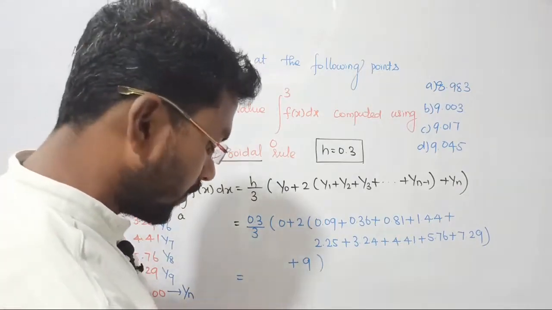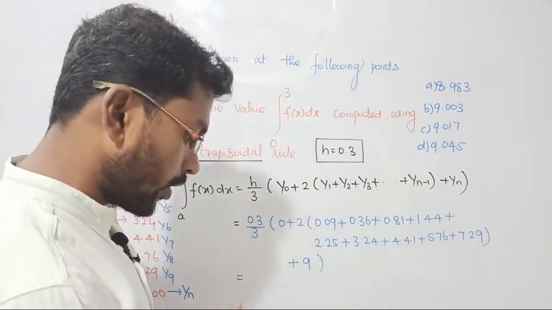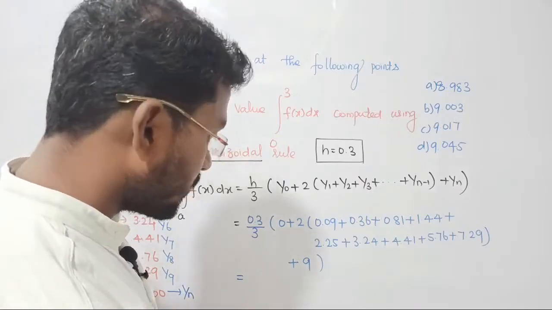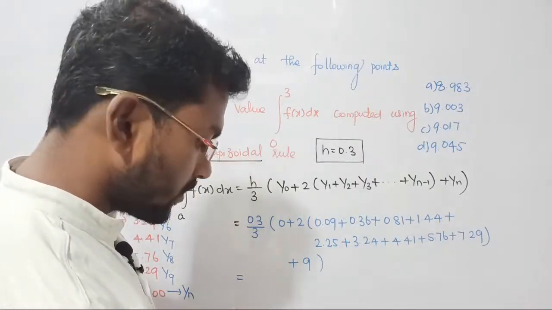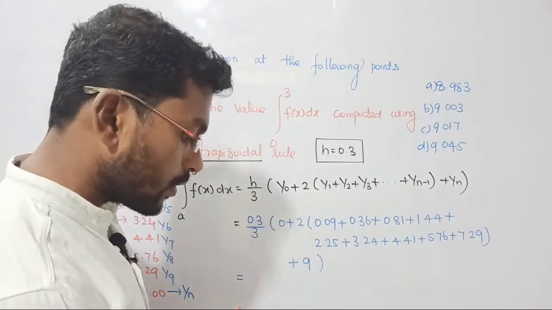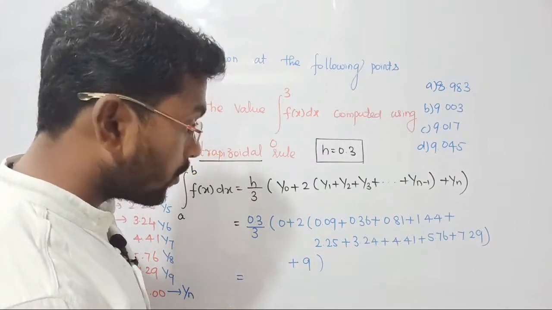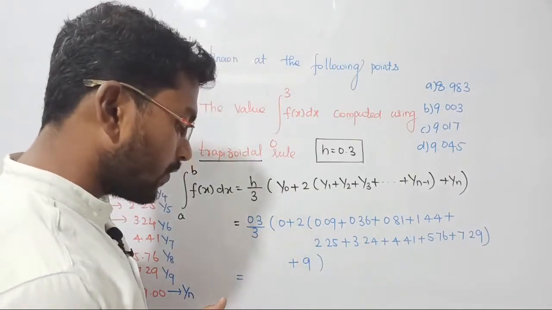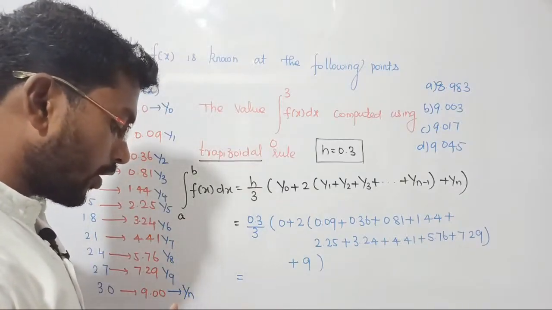I'm proceeding by myself, you please do it by yourself. 0.36 plus 0.81 plus 1.44 plus 2.25 plus 3.24 plus 4.41 plus 5.76 plus 7.29 equal to 25. I have to multiply by 2 plus I have to add 9 with this, and then we will have to multiply by 0.3 and divide by 0.1, right?